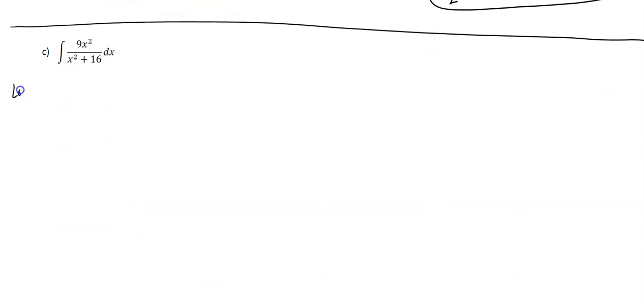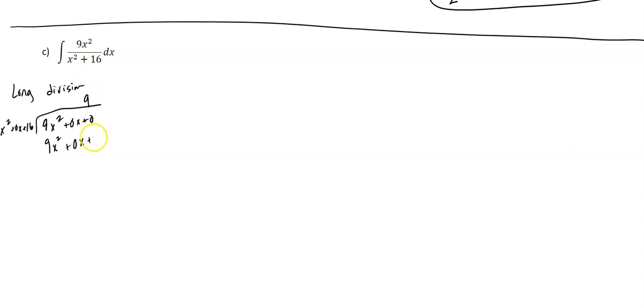So I'm going to take the long division, I'm going to divide 9x squared plus 0x plus 0 by x squared plus 0x plus 16. So when I do that, I will say 9x squared divided by x squared, which gives me 9. So I'll place that here. I'll multiply back through.